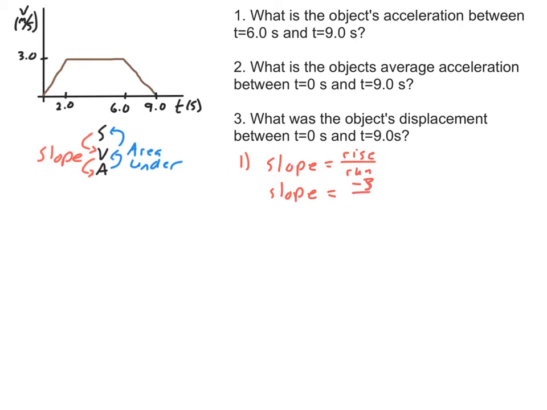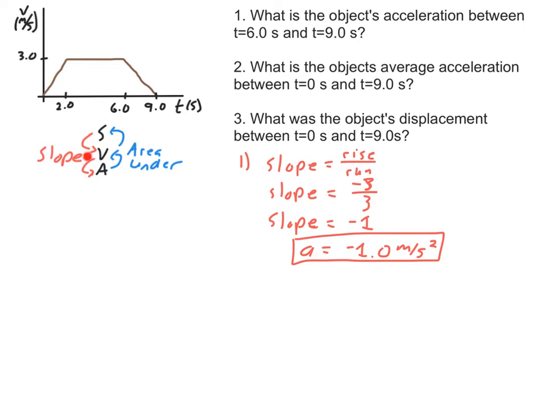And then a run, we went from 6 to 9, so that's a run of 3, giving me a slope of -1. Because the slope of a velocity time graph is the acceleration, I have an acceleration of -1.0 meters per second squared. Two significant figures given in my graph.